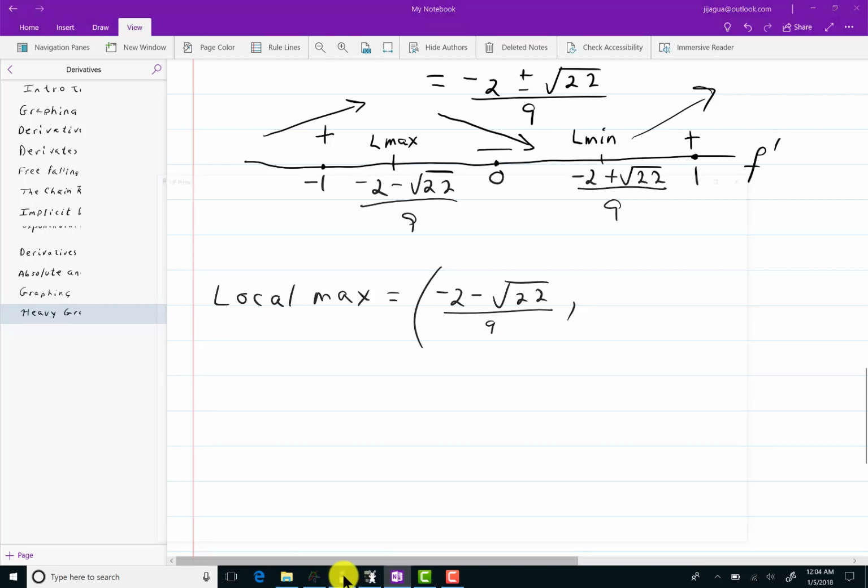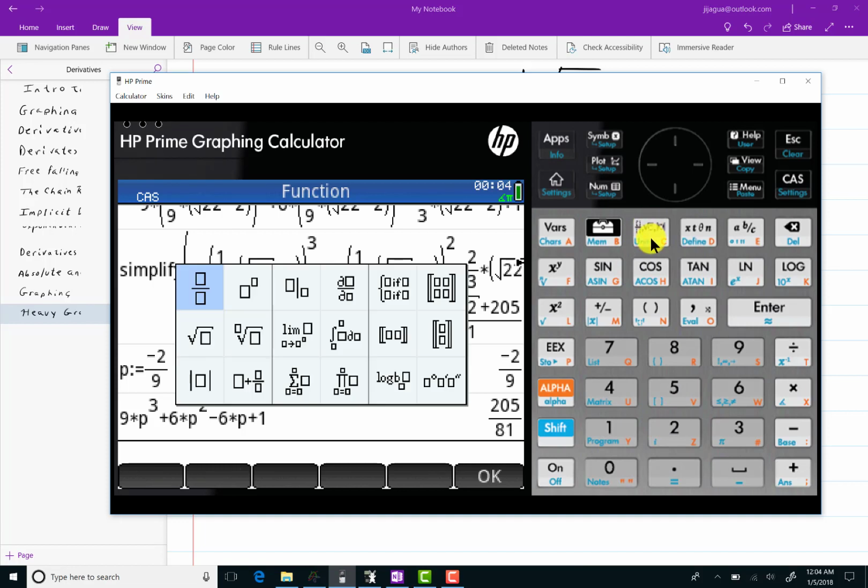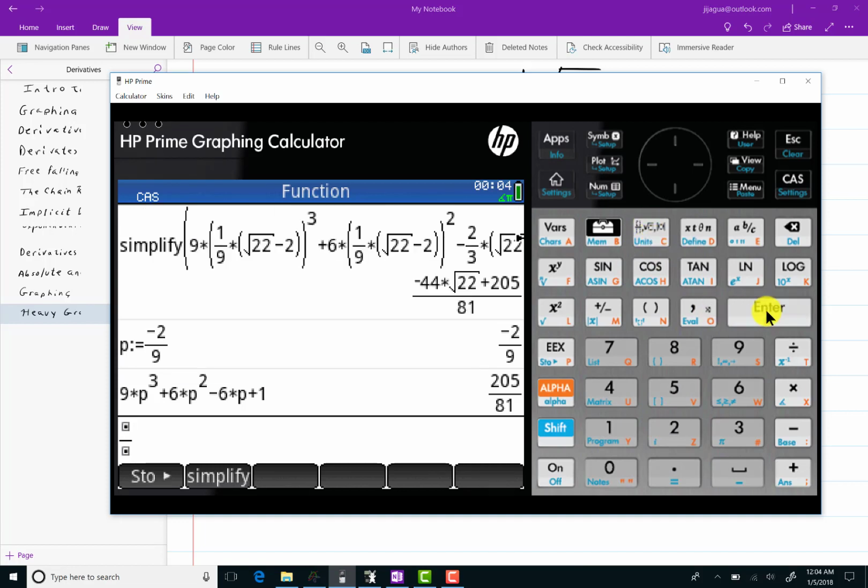What I do is I take and plug in, let me see here, well, I'll do the numbers. I'll show you how it works on my calculator. If your calculator has a CAS, a computer algebra system, then you'll be able to do this too.